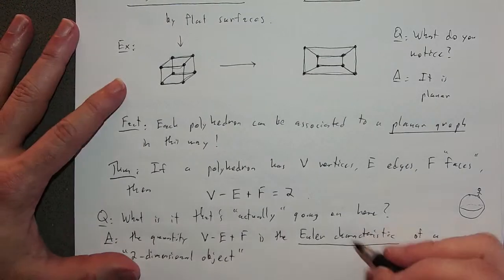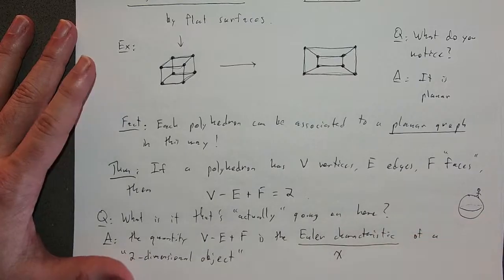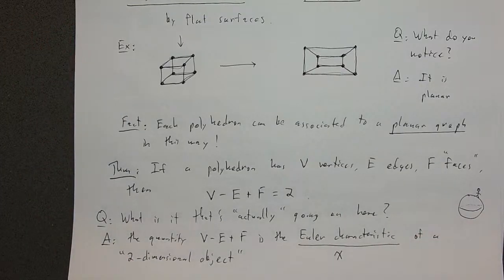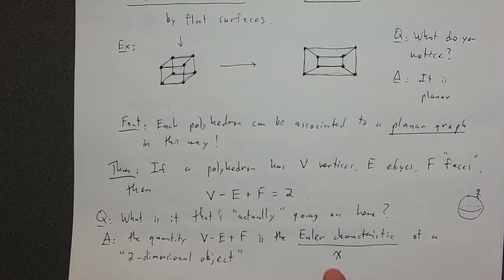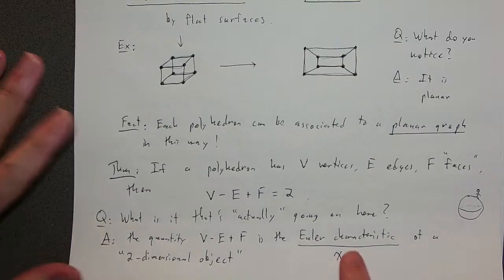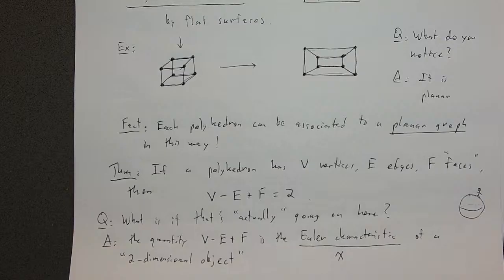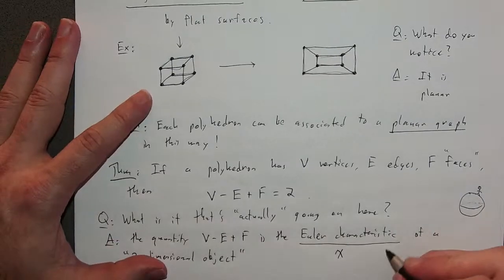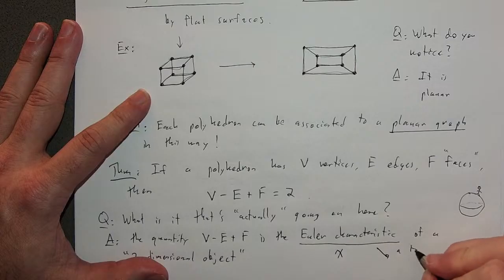The Euler characteristic, typically the letter we use is the Greek letter chi. But we are going to have a different meaning for this, so I'm not going to really use it. I'll always say Euler characteristic when I'm talking about this. This is an example of what is called a topological invariant.